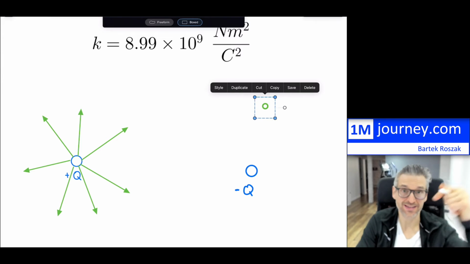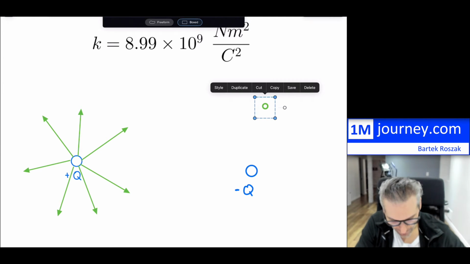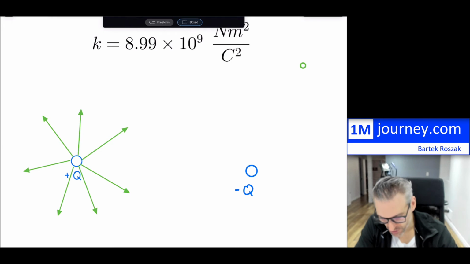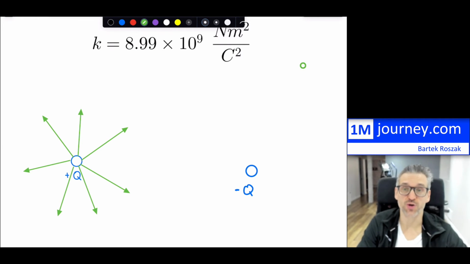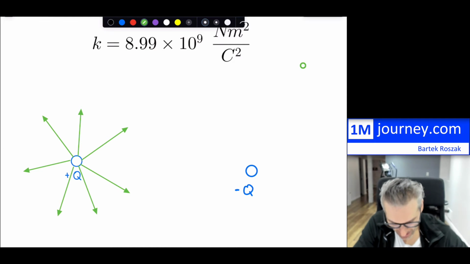It's actually going to get sucked back in, assuming again that it's a positive test charge, because the positive and the negative would attract. So instead of drawing lines going outwards to show that the force at any point is pushing it away, we would have lines, but the lines would be inwards, like this, because of the fact that it is negative in here.